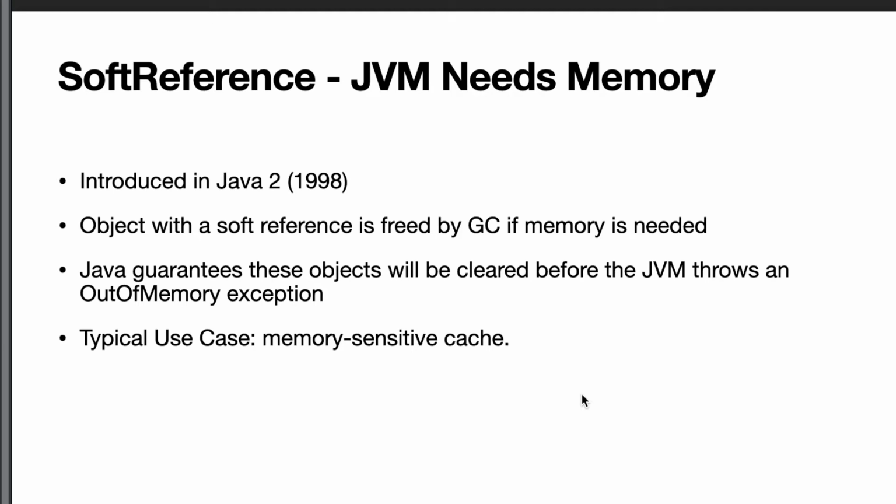So what does this mean exactly? Basically, even though the object is referenced, it is still freed if the garbage collector needs the memory. While we discussed in the previous video, the default reference for an object is always required before freeing, to stop the GC, the garbage collector, from freeing the memory.